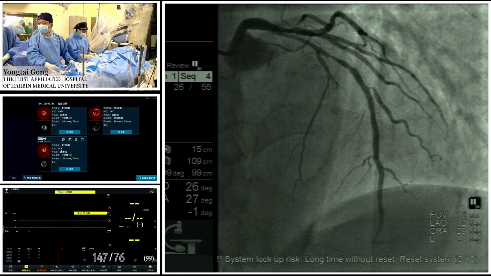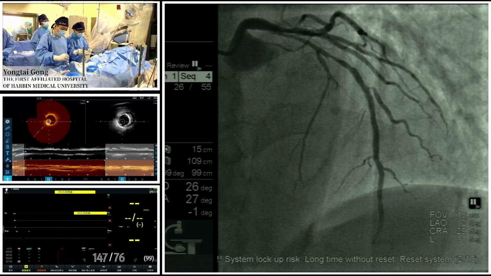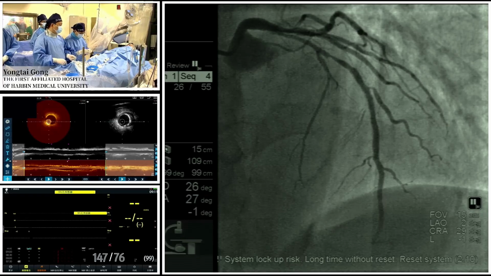It was invented by our domestic scientists, the IVUS and OCT integrated imaging system. Like the common IVUS catheter, it is delivered to the distal reference segment, and the maneuver procedure is similar to OCT. Both IVUS and OCT images are presented on the screen.